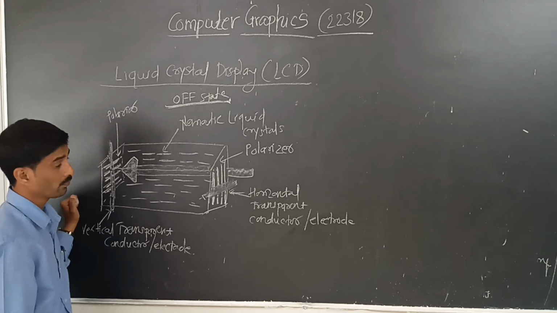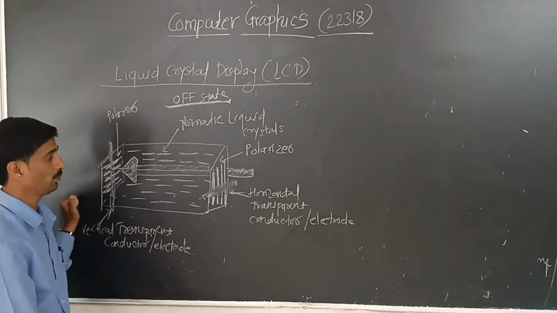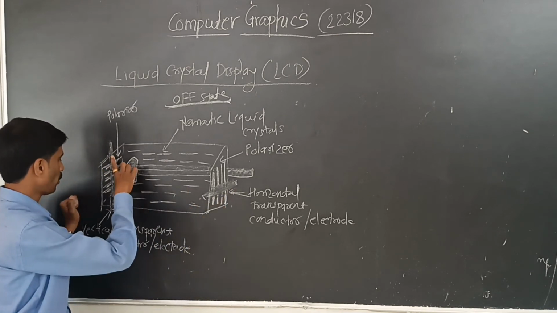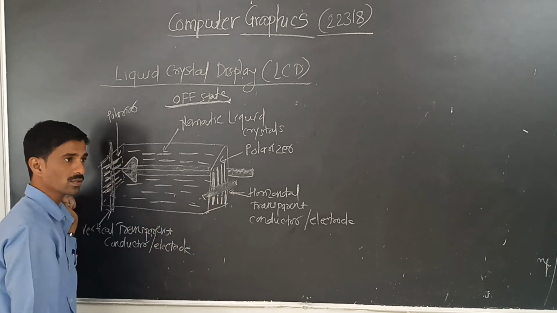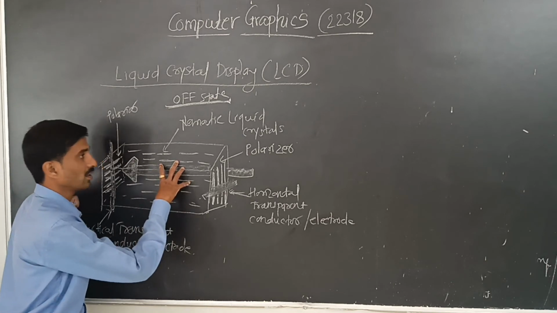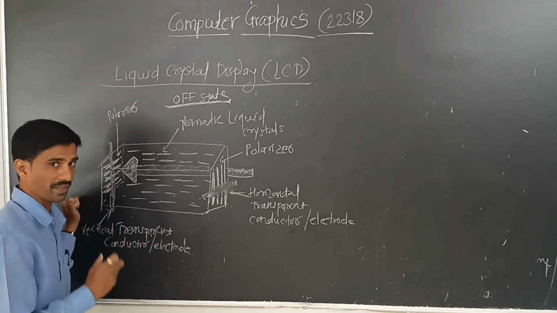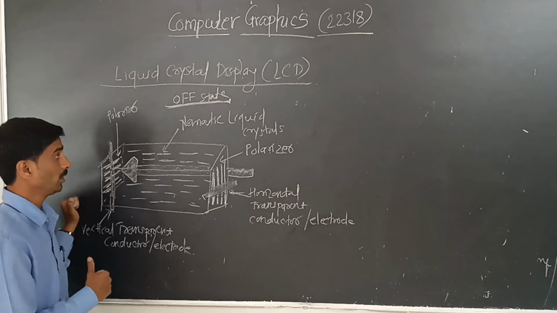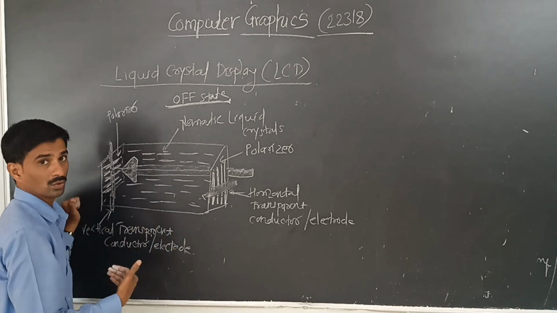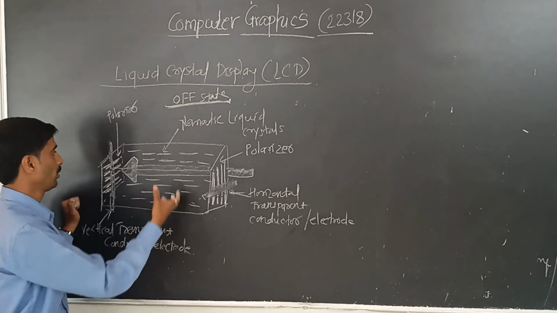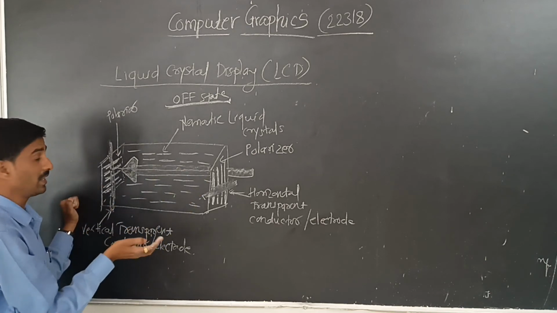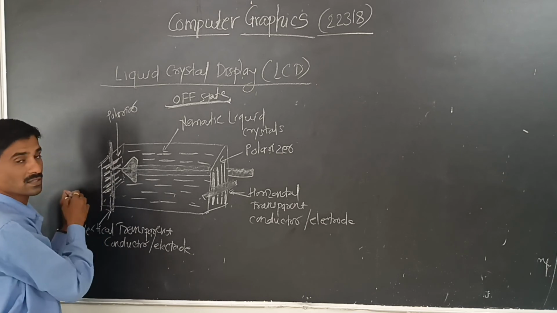But if we apply the voltage on these horizontal and vertical electrodes, in that case these nematic liquid crystals are aligned such that they can force the light to change direction, and the light can pass easily through this polarizer filter.